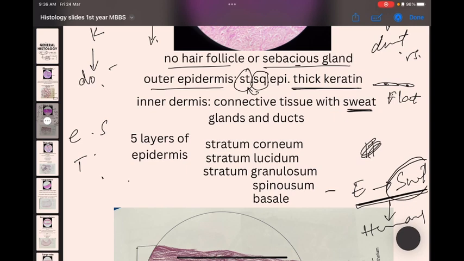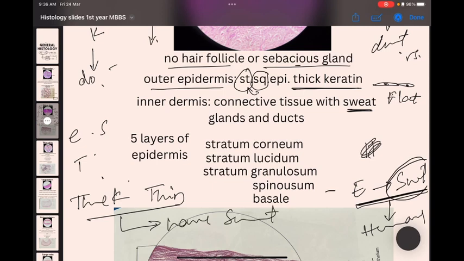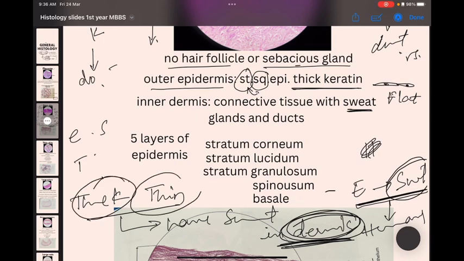Either thick skin or thin skin, both have sweat glands in their dermis layer. Dermis, not epidermis. Remember again, both thick skin and thin skin have the capacity to sweat.